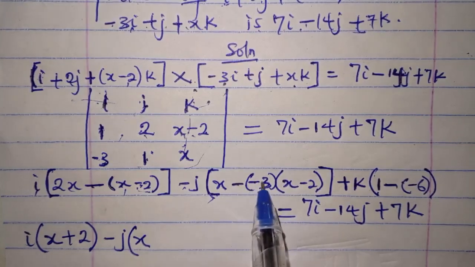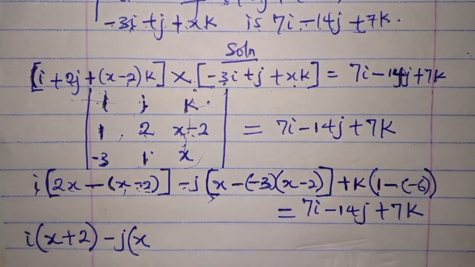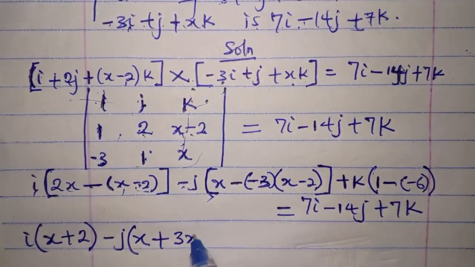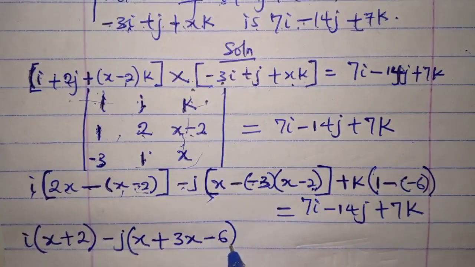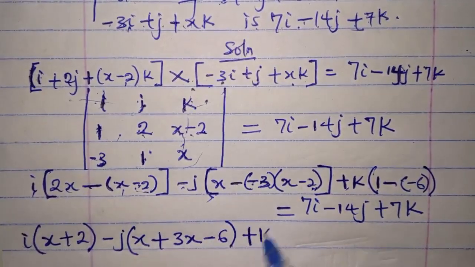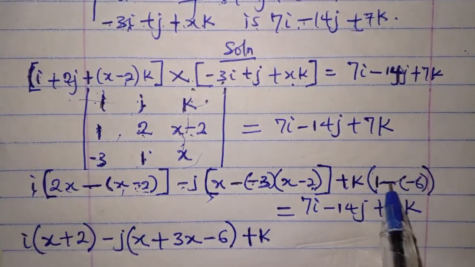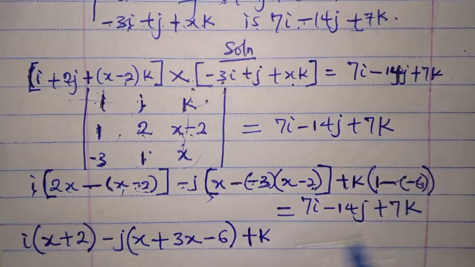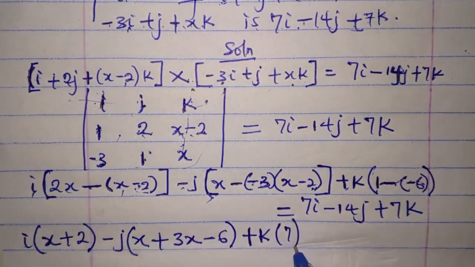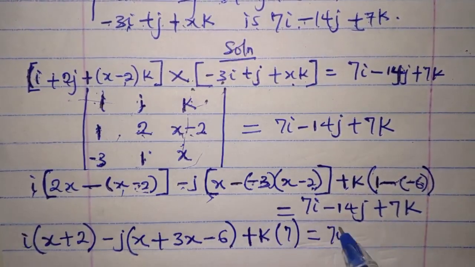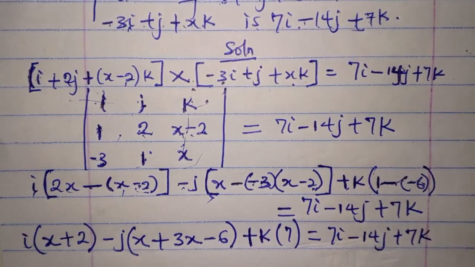Okay, so we have plus 3 outside. Plus 3 times x is 3x. Plus 3 times minus 2 is minus 6. And here we have k. 1 minus minus 6 is 1 plus 6, and that's 7. So equal to 7i minus 14j plus 7k.